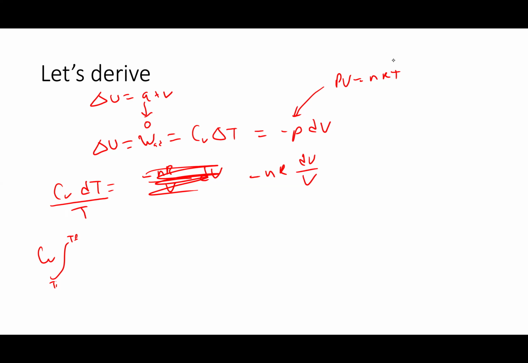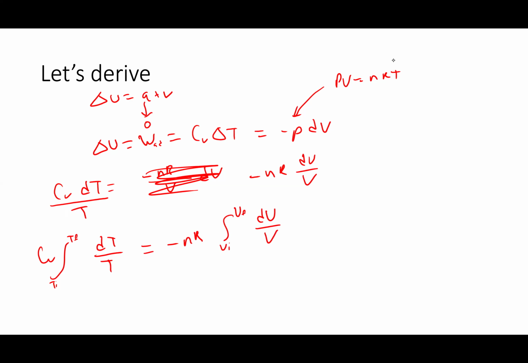And so we're going to have the integral of dT over T. On the right-hand side, we do the same thing for the change in volume. Negative n times R is going to be constant, and so we'll have some initial volume and some final volume of dV over V.